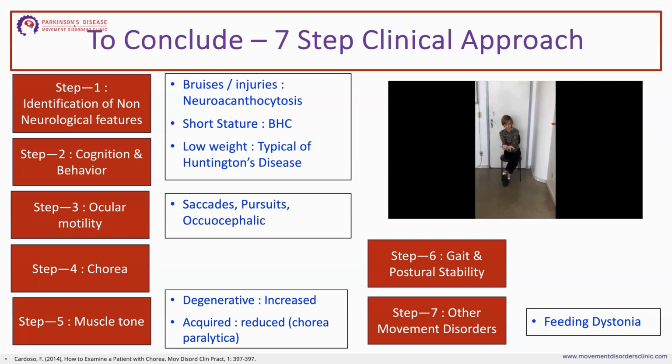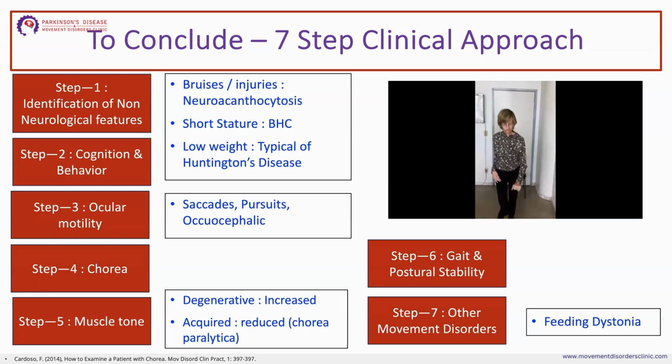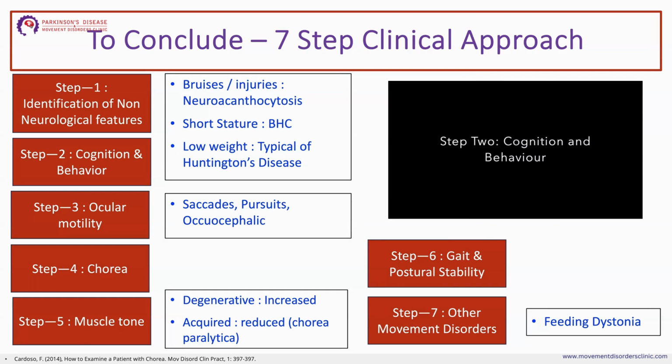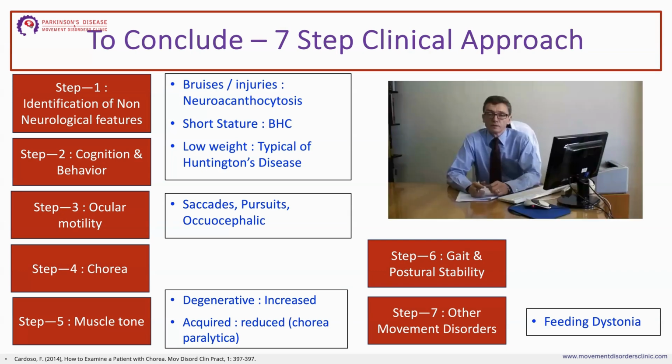Then other movement disorders: is there dystonia, or Parkinsonism? If you look into all these things more systematically, you will be able to narrow down your differential diagnosis, narrow down your workup, and get the right answer with the minimum investigations when you're looking at a patient with chorea.